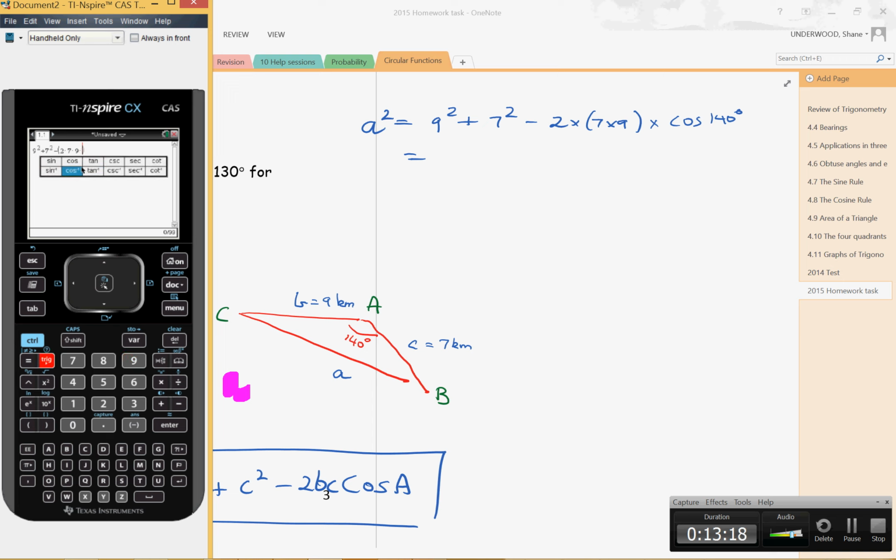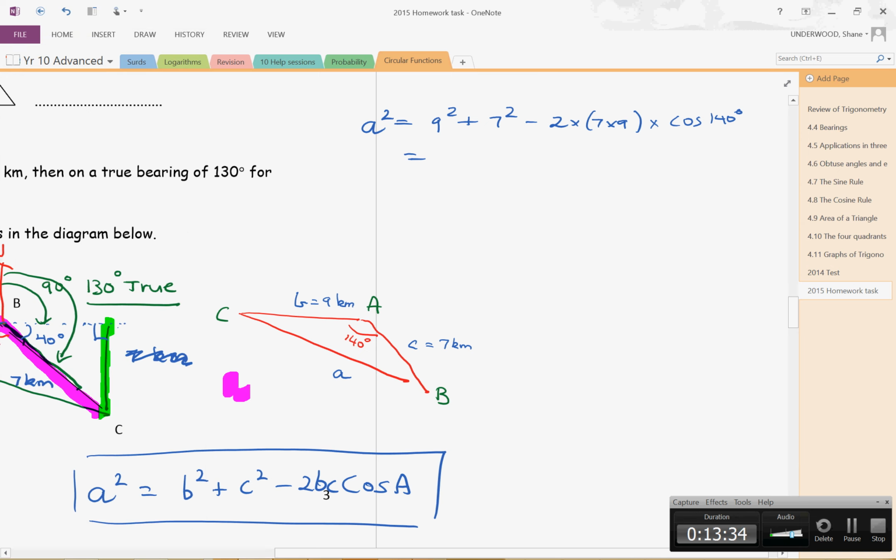I'm going to go to trig, and I'm just going to go cos of 140, press the pi button, choose degrees, and that gives me my answer, 226.52. Well, it's not my answer though, is it? It's my answer for a squared.